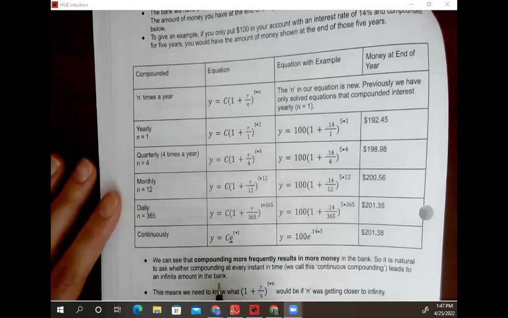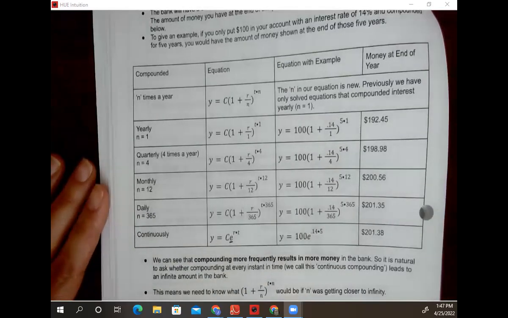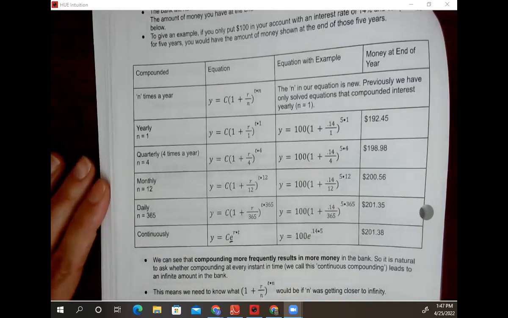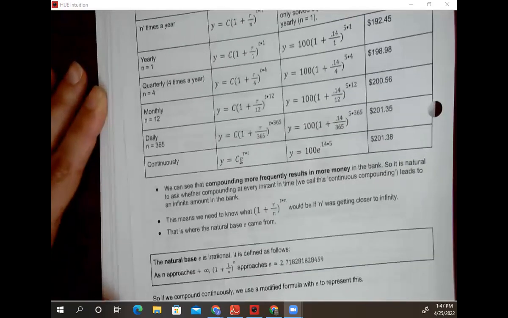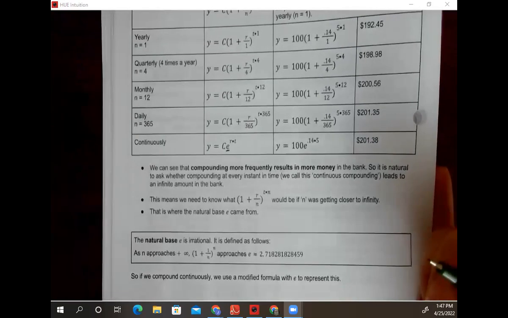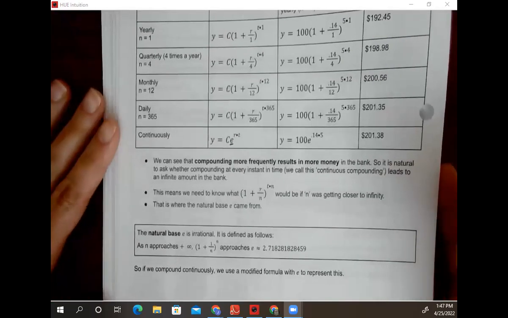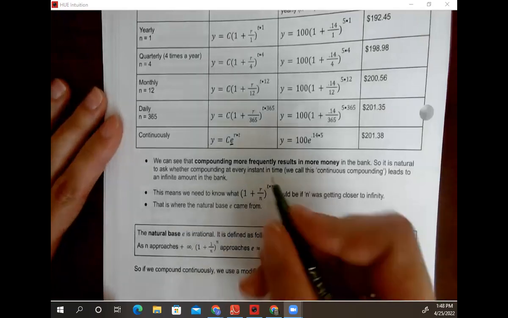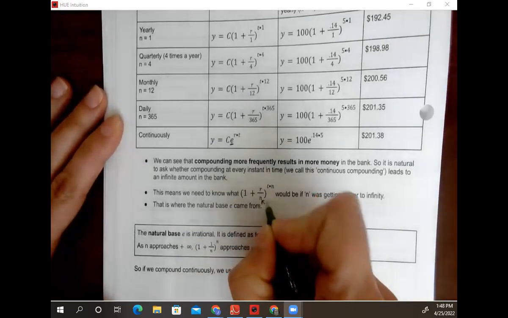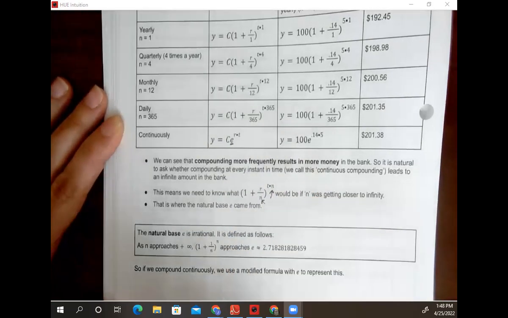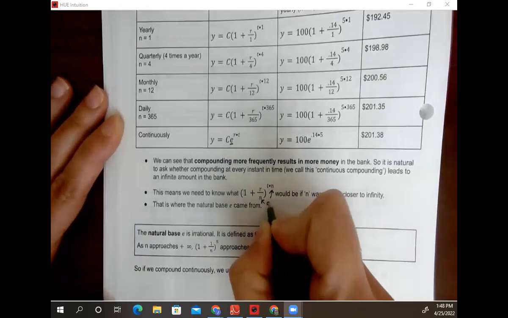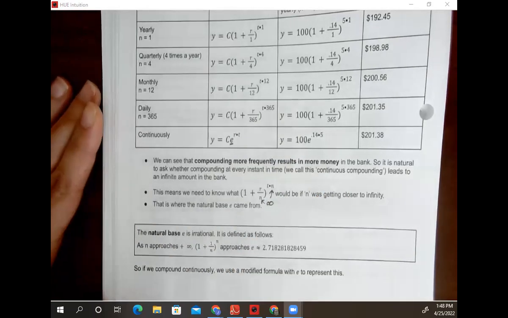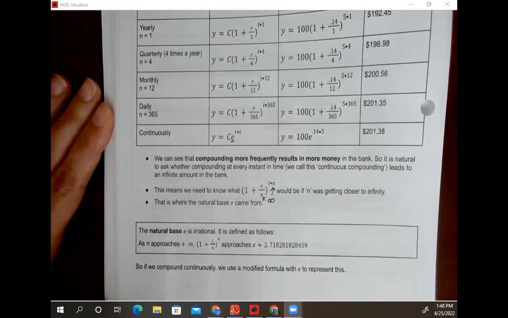That's the ideal way to compound, how I can make the maximum profit in interest in my bank account. What happens is that when I compound continuously, I'm letting this n value get closer and closer and closer to infinity.